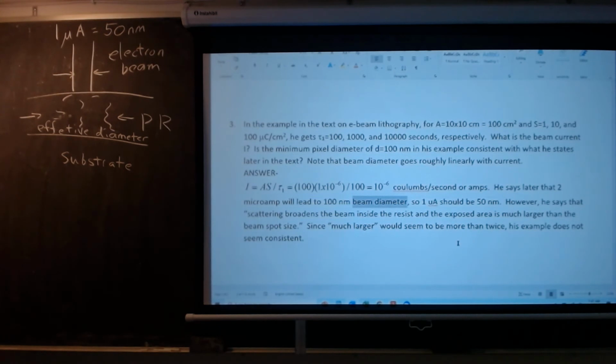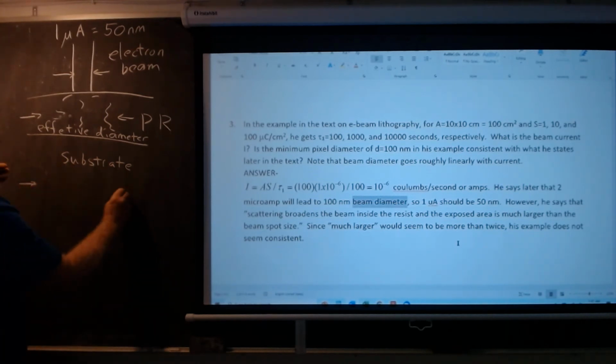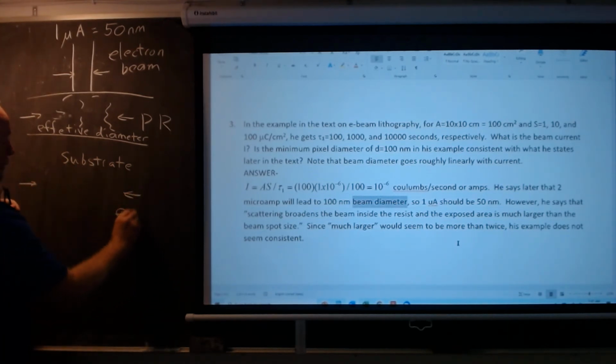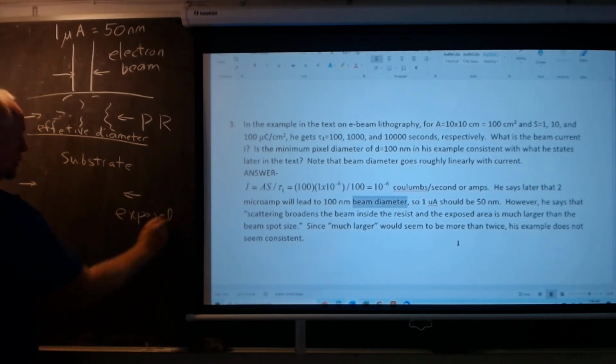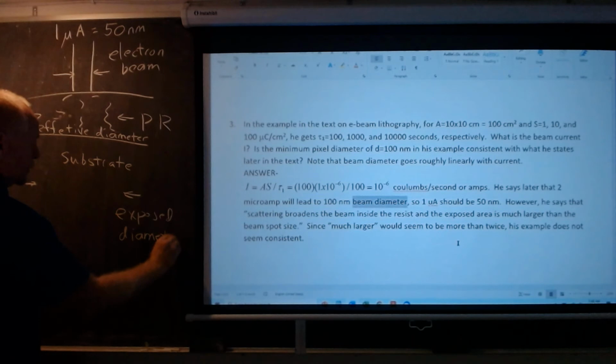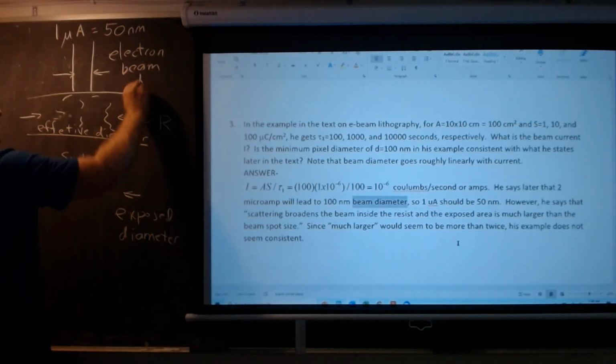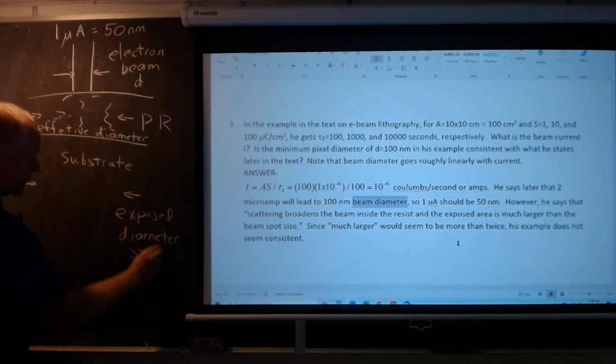But he says the scattering broadens the beam inside the resist, and the exposed diameter, if this is D, is much bigger than D.